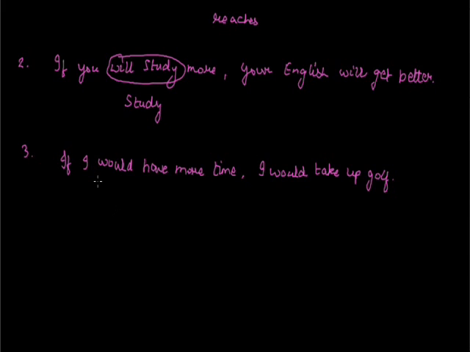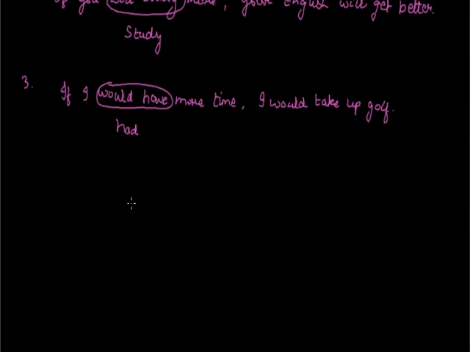And in the imaginary condition, we have if plus second form of verb in the conditional clause, and would, could, might plus first form of verb in the result clause. So here would have is wrong, and the correct form we can use here is if I had more time. This is the imaginary condition that I don't have more time, but if I had more time, I would take up golf.